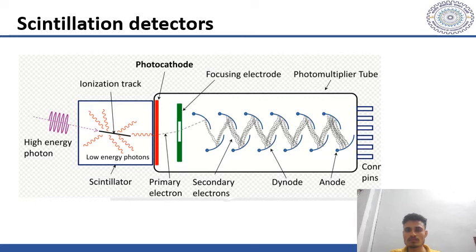When these electrons strike the first dynode, about 5 electrons are ejected from the dynode for each electron hitting it. These electrons are attracted to the second dynode and so on, finally reaching the anode. The total amplification of the PMT is the product of the individual amplification at each dynode. The amplification can be adjusted by changing the voltage applied to the PMT.